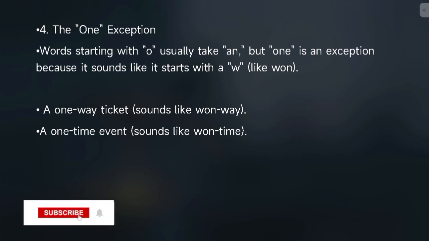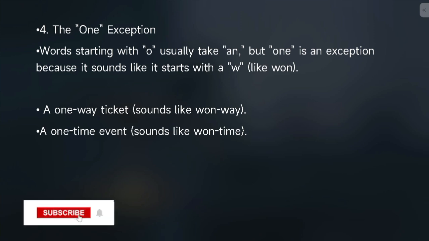Okay, now let's move on. The one exception: words starting with O usually take "an", but "one" is an exception because it sounds like it starts with a W, like one, W-O-N as we say. One-way ticket, so it is "a". It is not an one-way ticket.